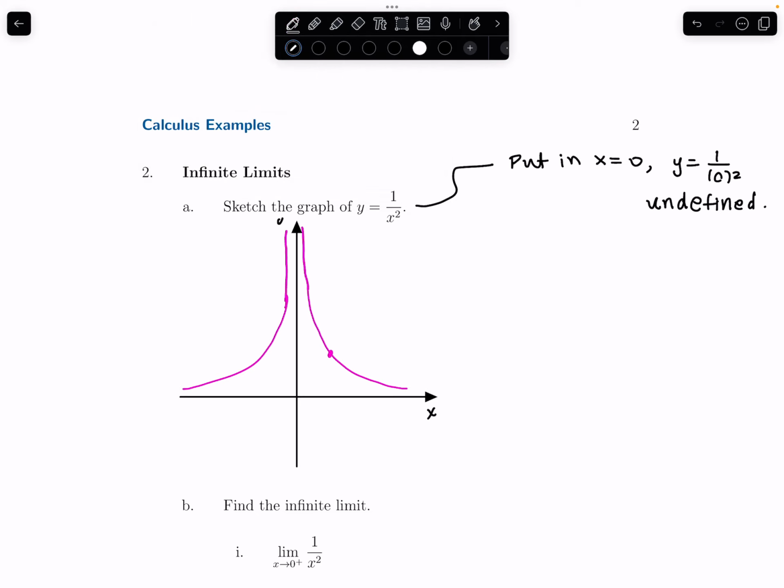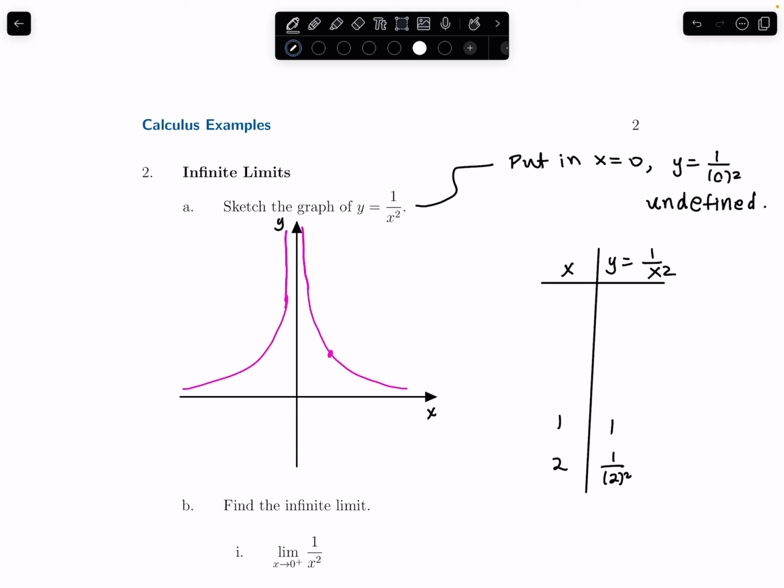So let's check it out. Why? If I plug in numbers, let's see what we got. This function is y equals 1 over x squared. Given, say, x is 1, we square 1 and then take the reciprocal. 1 squared is 1, the reciprocal of that is 1. Put in 2: this gives 1 over 2 squared.